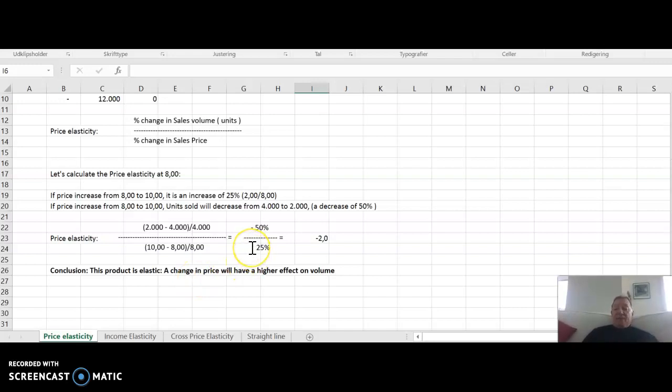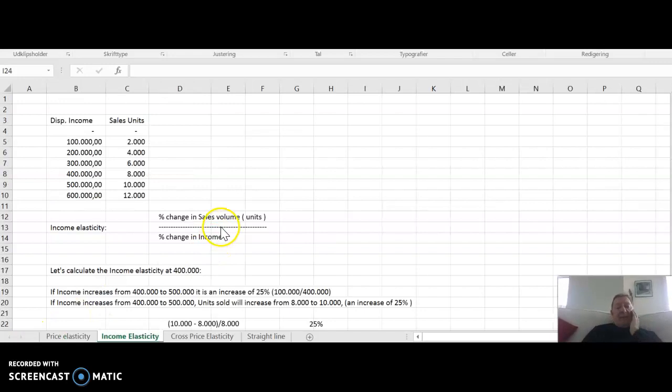So a rather small change in price will give us a big change in volume. Therefore, it's elastic. And elastic products are normally luxury products or products with a high price, expensive things.